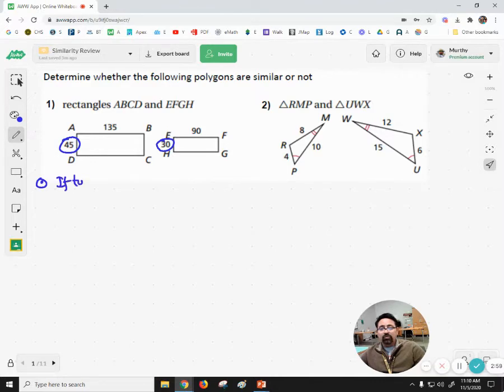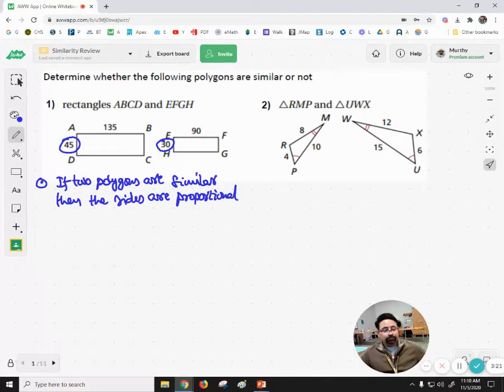If two polygons are similar, then the sides are proportional. The sides are proportional.